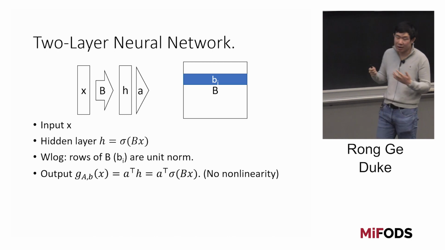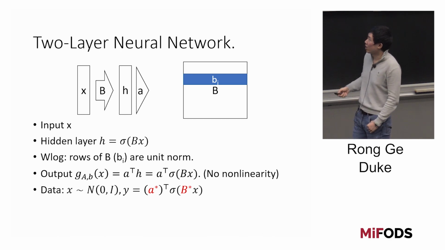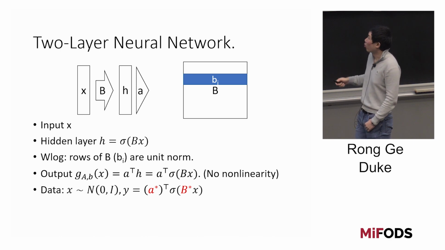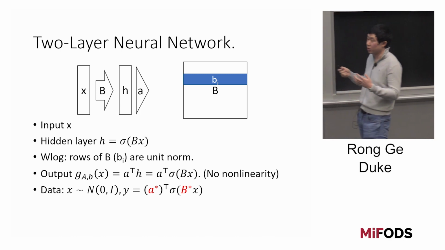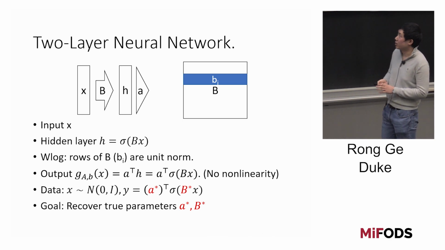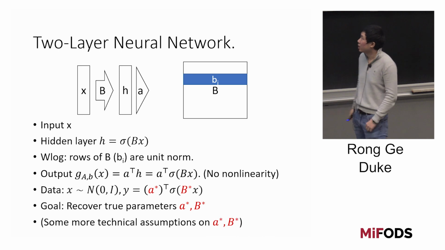So there's no nonlinearity for the second layer. We are going to make a lot of strong assumptions here. We are even going to assume that the input data X comes from the standard Gaussian distribution, and Y is generated according to a teacher neural network. The goal here is to recover the true parameters A star and B star of the teacher network.